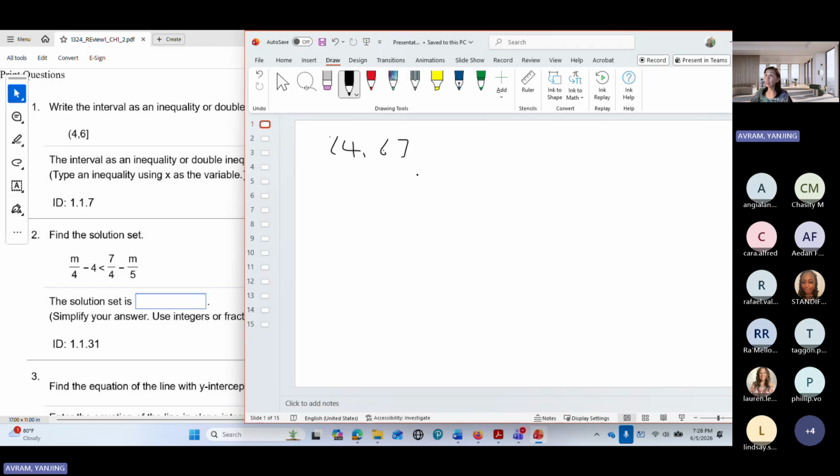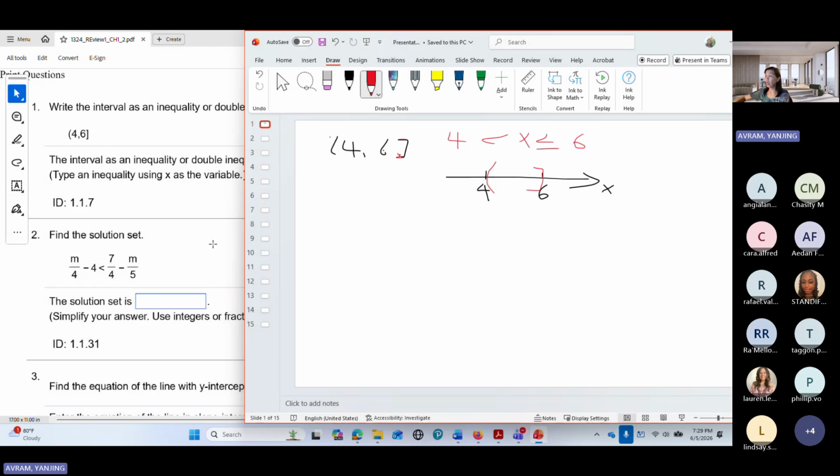So when you have a 6 with a bracket, this means okay, I'm going to draw a number line in here. So this is X, right? And this is 4, this is 6. Okay. So what that means here is X is greater than 4, but less than or equal to 6. When you have a bracket, that means it has an equal sign in here. When you don't have an equal sign, you're using the parentheses. So that means this X here will be greater than 4, but less than or equal to 6. That's what I mean in here.